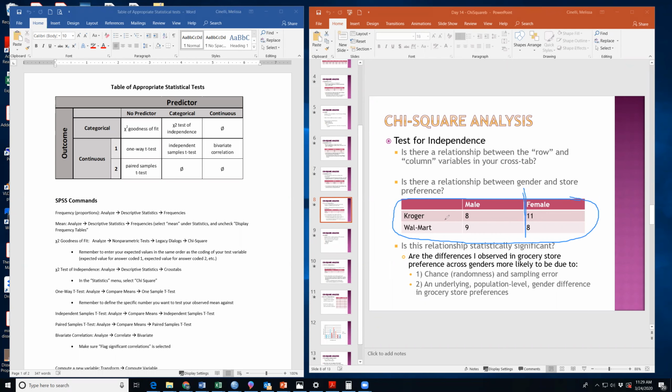How did the males answer this Kroger versus Walmart question, and how did the females answer it? We have this crosstab table now, and what the chi-square test of independence asks is, instead of looking at observed versus expected, is what we observed for group 1 equal to what we observed for group 2?